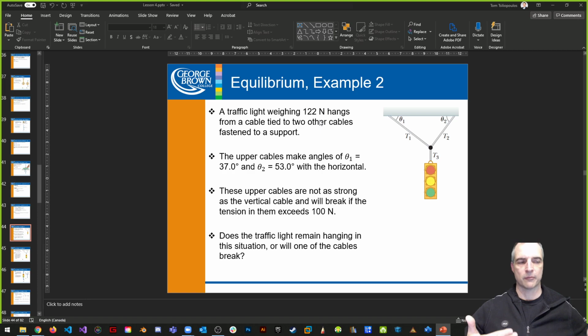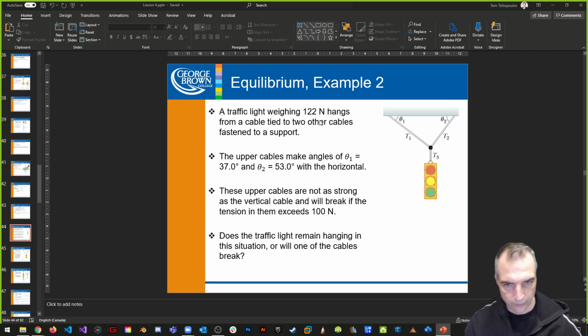Therefore, I could figure out the mass by taking the force and dividing it by gravity. So I could find the mass of this object if I want to. We know that this object is in equilibrium right now, right? So therefore, the tension T3 is supporting the traffic light. We know that this is the case.